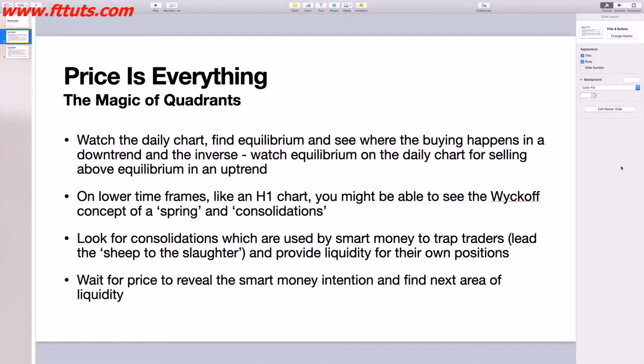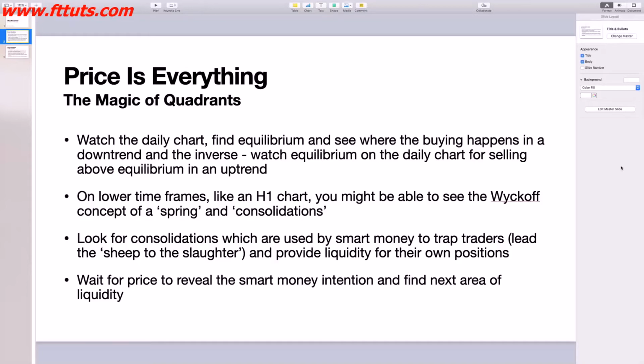On the lower time frames, like an H1 chart, you might be able to see a Wyckoff concept called a spring, and these typically happen around consolidations. And consolidations, which are used by smart money to trap traders, typically they're leading the sheep to the slaughter, as he mentions, and provide liquidity for their own position. So if they want to accumulate, they'll go into a period of consolidation.